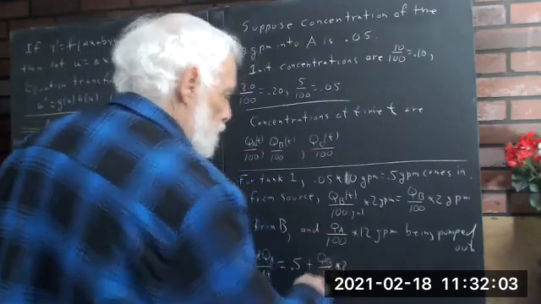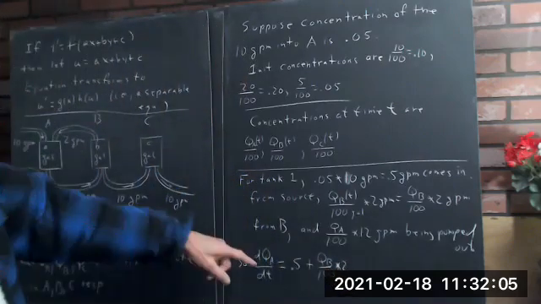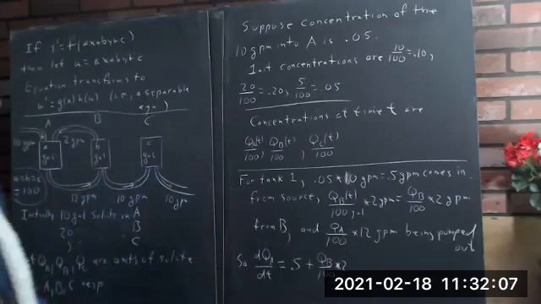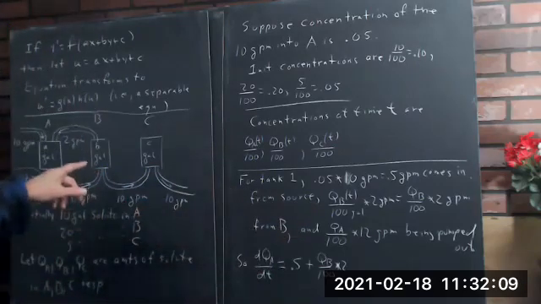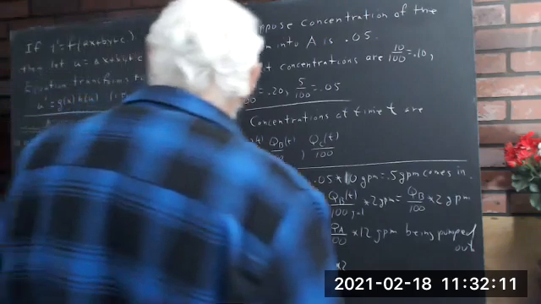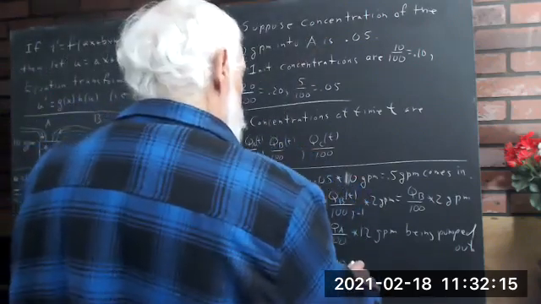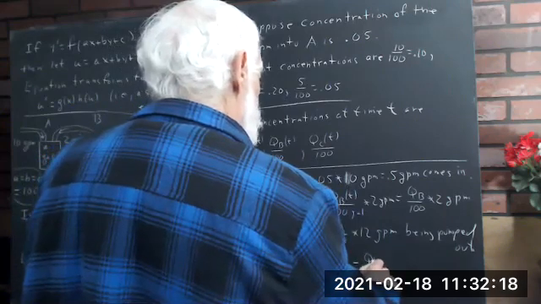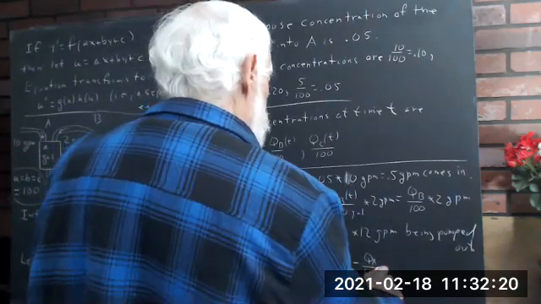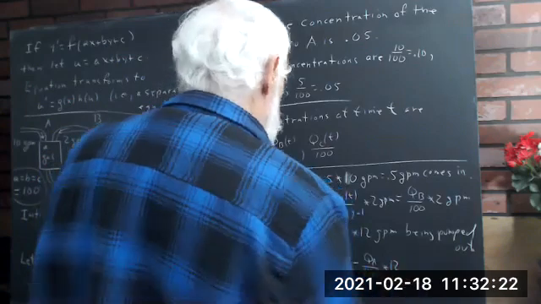QB over 100 times 2, coming in from tank B. And then it's going to be minus QA over 100 times 12.